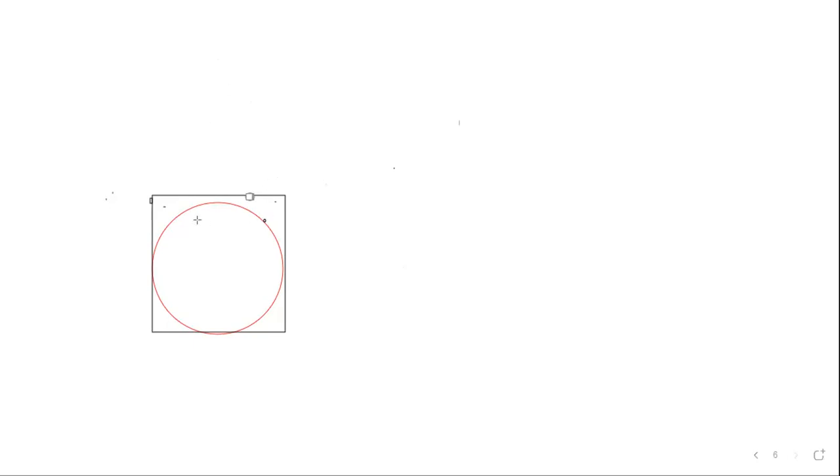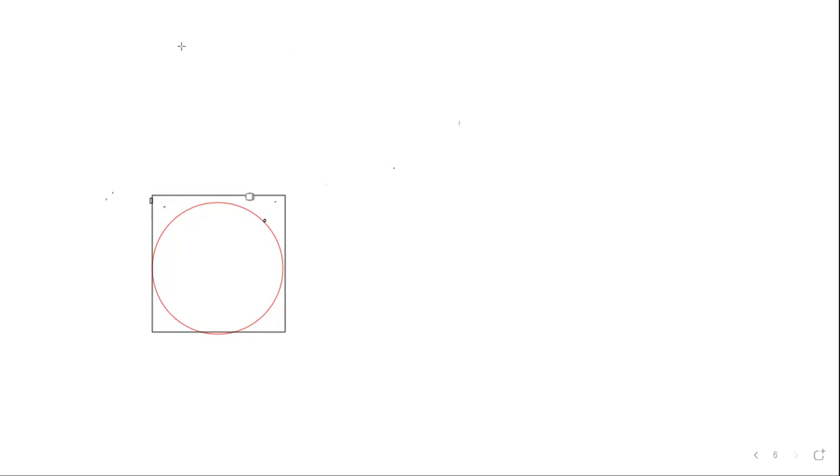So the question is now, what are the area of the square and the area of the circle? We need to calculate to find out whether the area of the square is 30% more than the area of the circle. That is really the question under investigation. Let's try to investigate that.